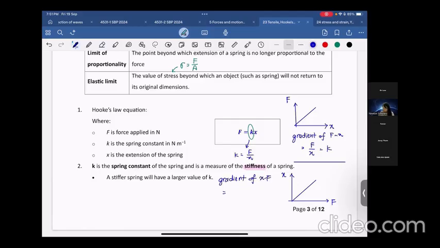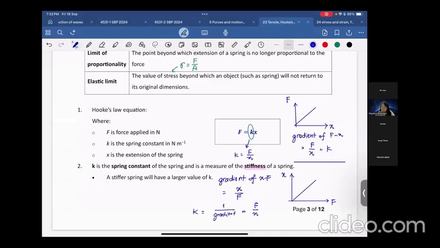Why? Because based on this graph, x over F is not the spring constant. So for this graph, your spring constant k is 1 over the gradient. That means you have to turn the gradient upside down. So when you do the practical question, please have a look at what the axes are.